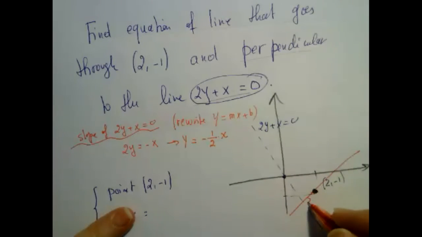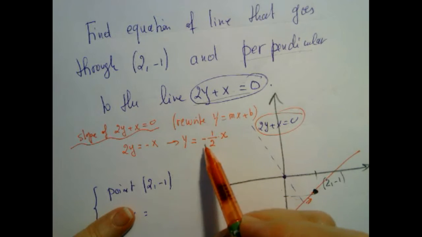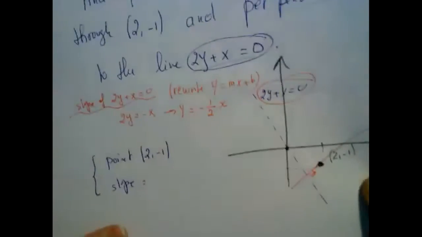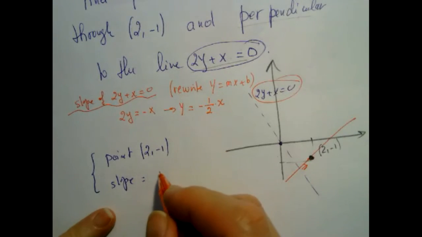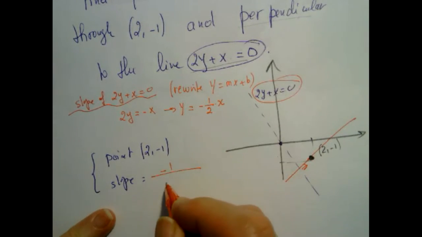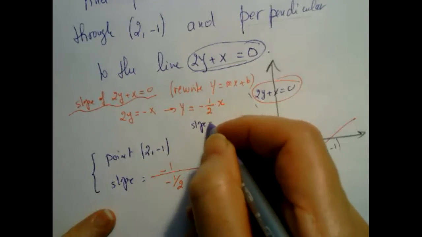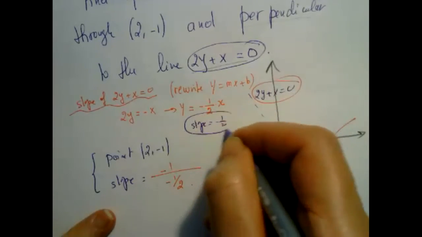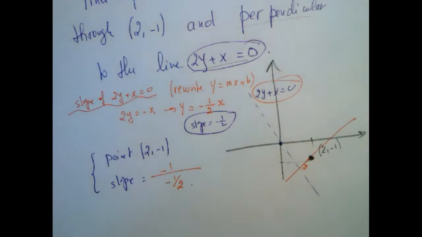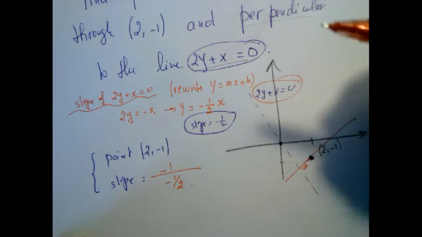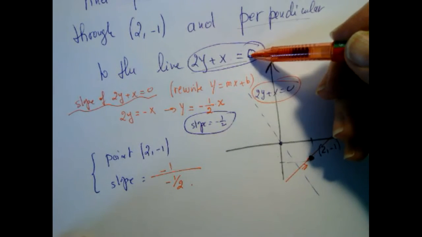So to find it, first I look for the slope of this line. The slope is minus 1 over 2. So the slope of the line I'm interested in is going to be minus 1 over minus a half. So step 1, I find the slope of the line 2y plus x.